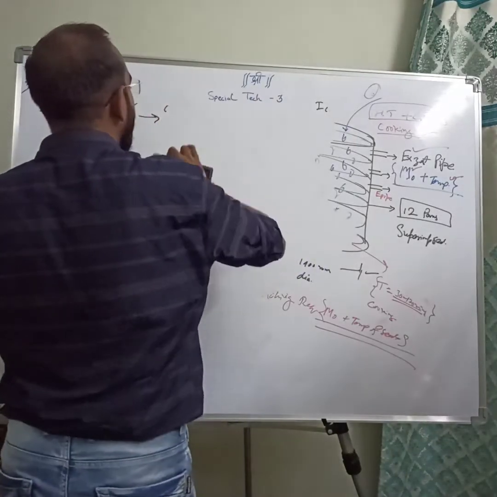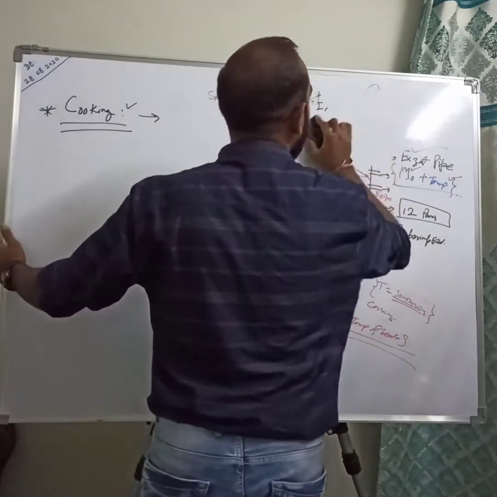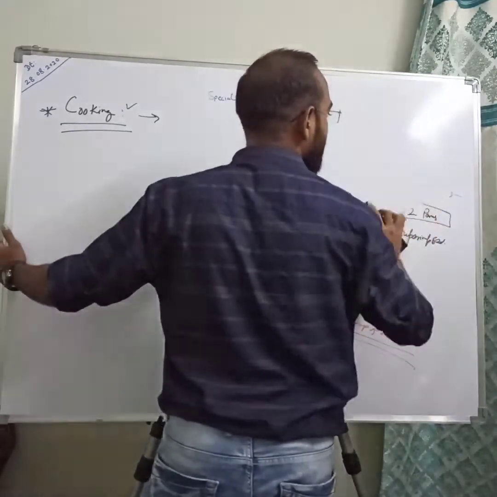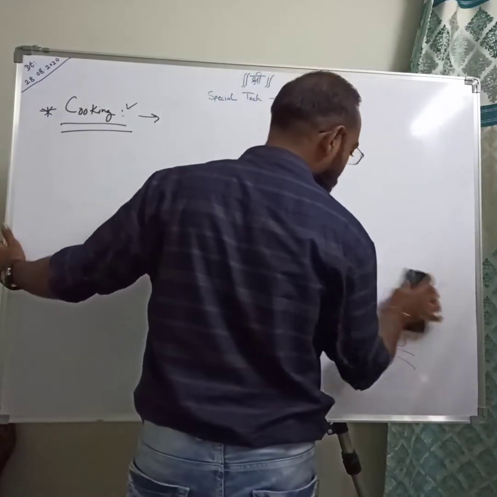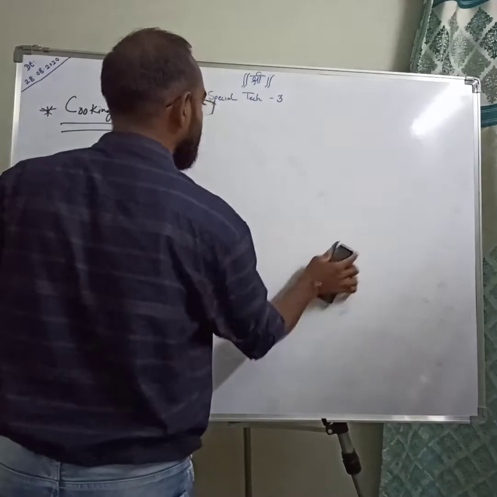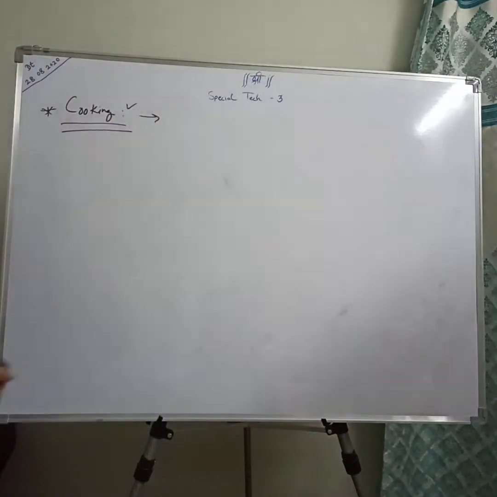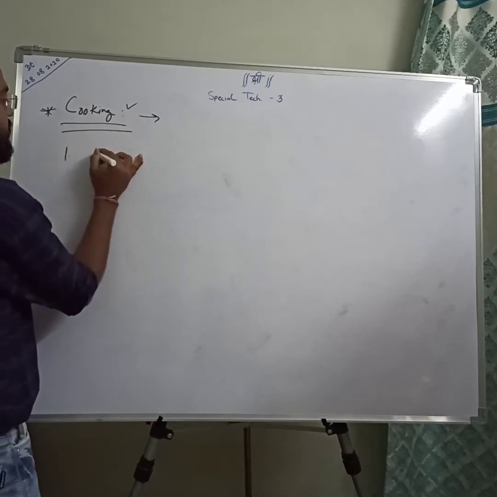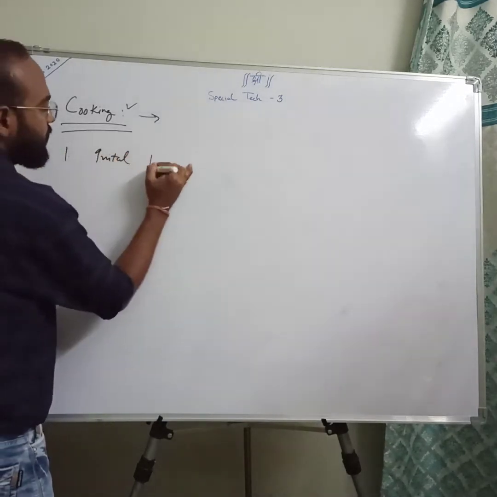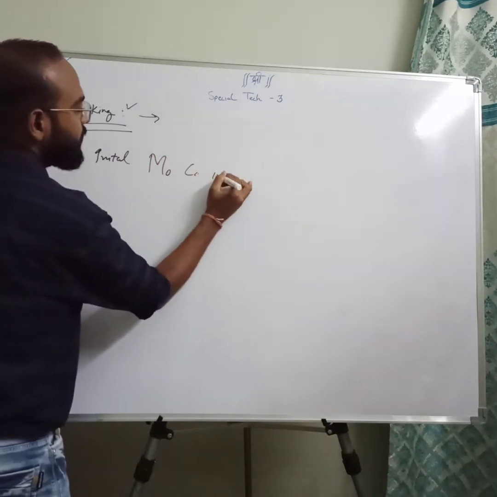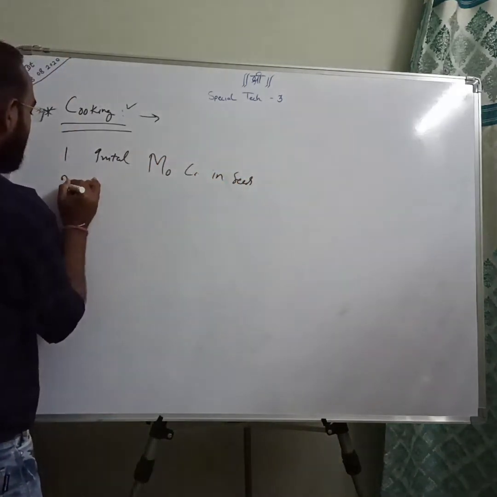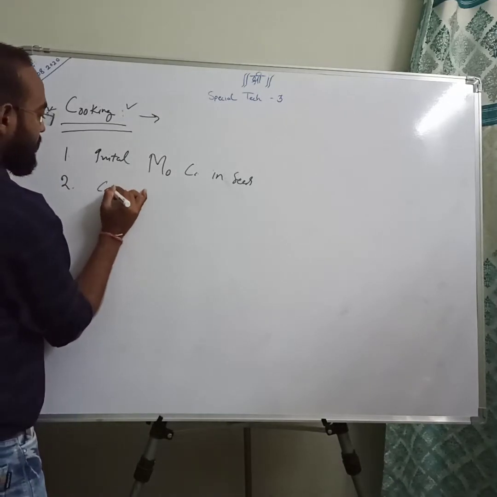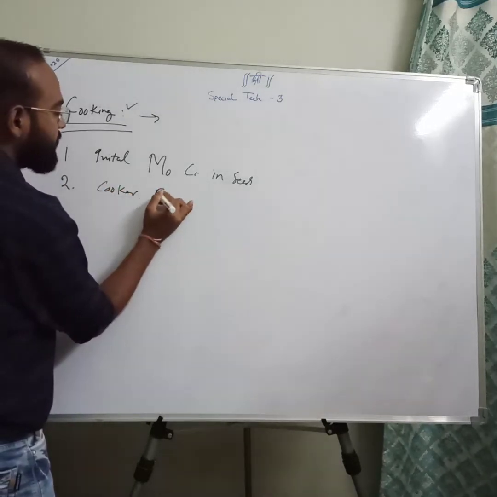N number of different parameters directly affect our cooking operation. There are basically 5 parameters which affect our cooking operation. What are they? First one is initial moisture content in seeds. Second one is cooking equipment.